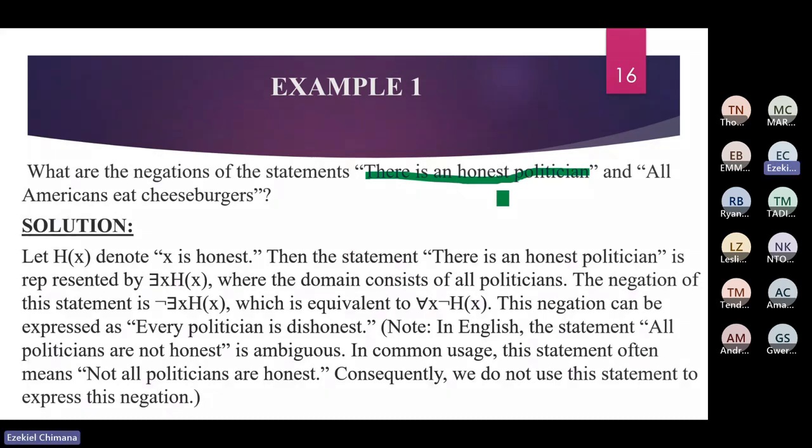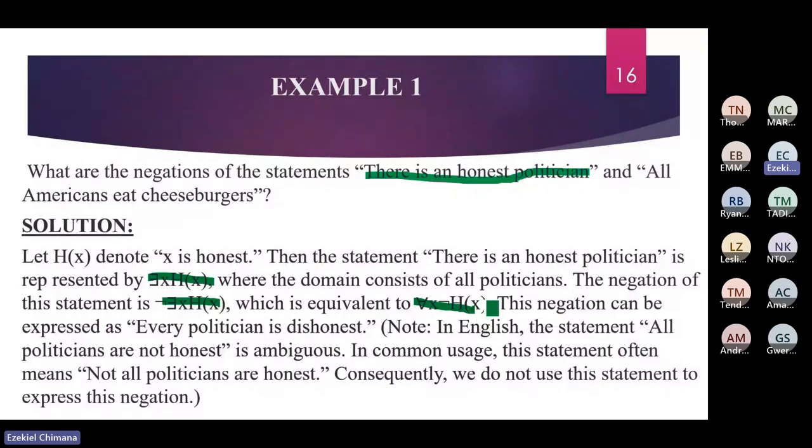So this statement is claiming that there exists some politician within all the politicians who is honest. So we are saying it is true that there exists x such that H of x is true. And then when you negate this statement, it's equivalent to for all x, not H of x.